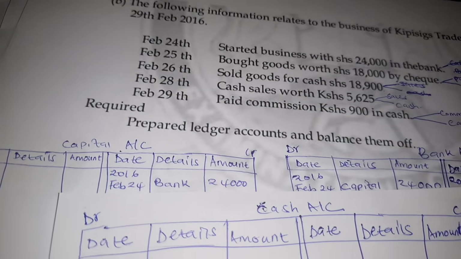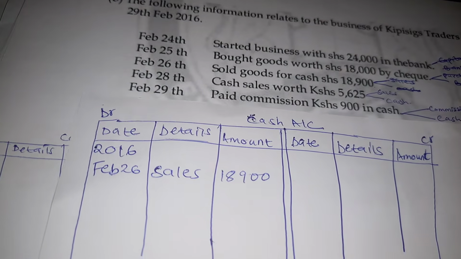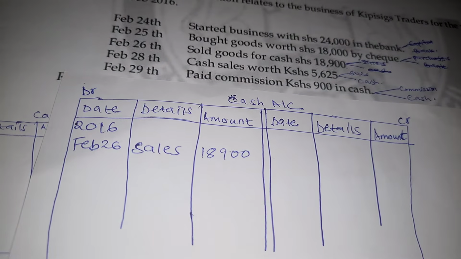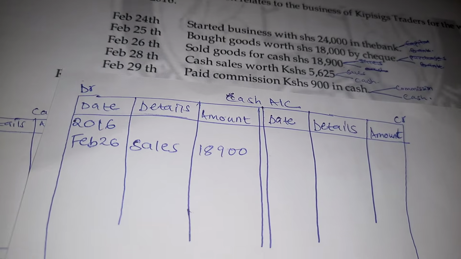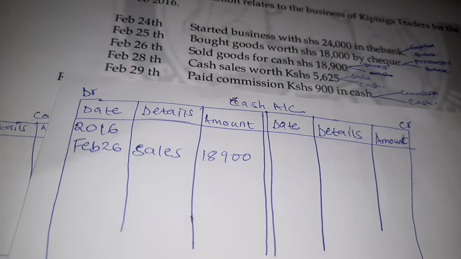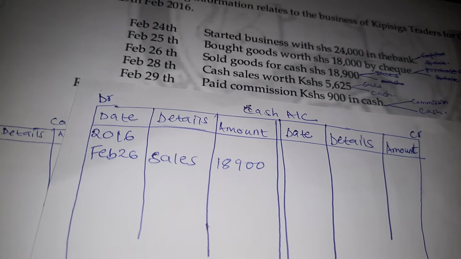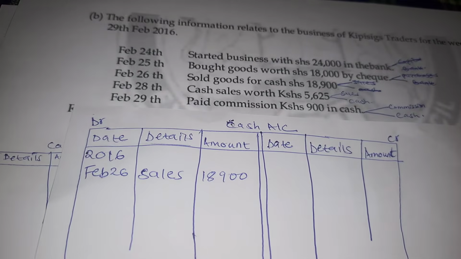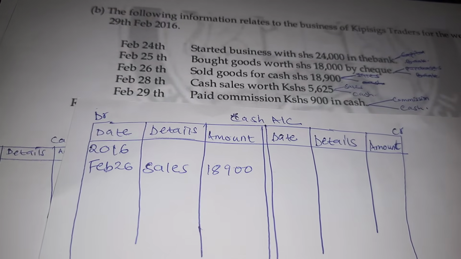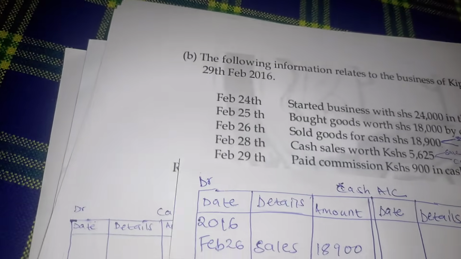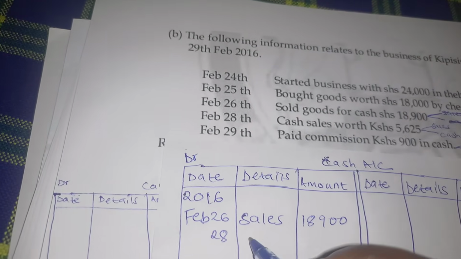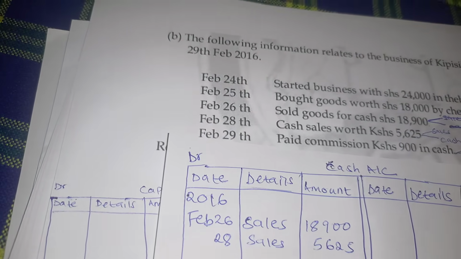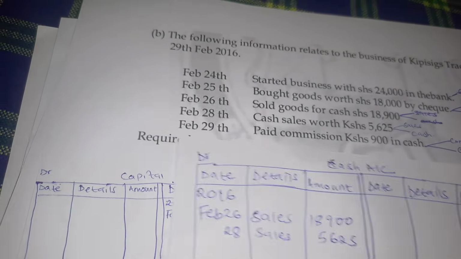And we come to the 28th. Cash sales worth 5,625 Kenya shillings were made. We already have a cash account and a sales account, so we need not open another one. For the cash, we also debit 5,625 on February 28.